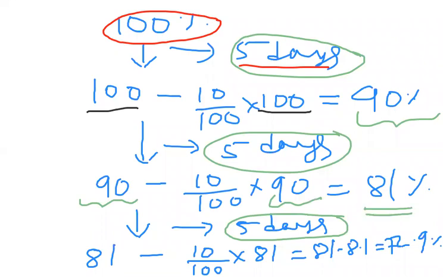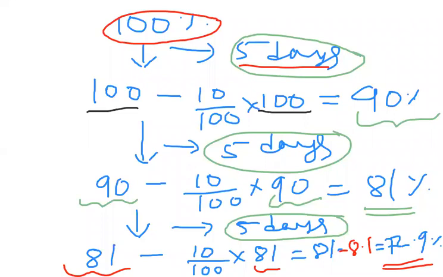We got 81%. Next, in this 81%, again 10%. 10% of 81 means 8.1. So 81 minus 8.1, that's nothing but 72.9%.